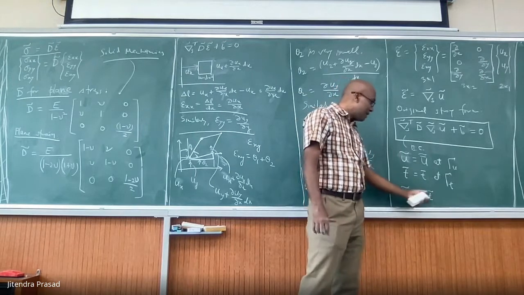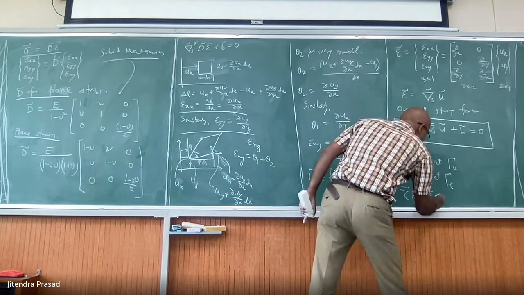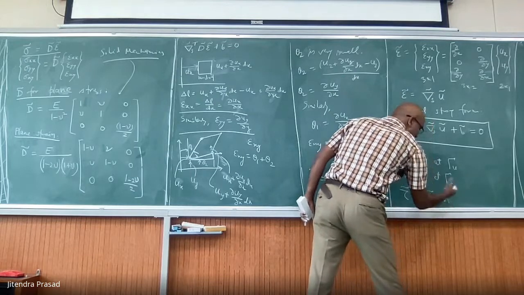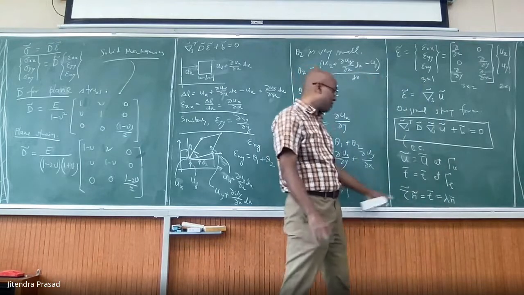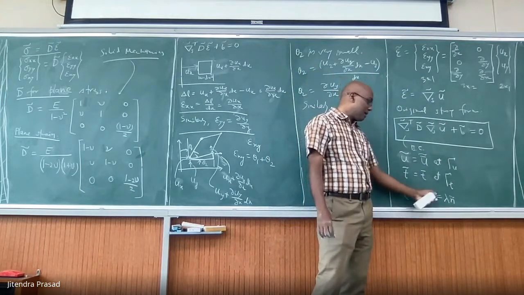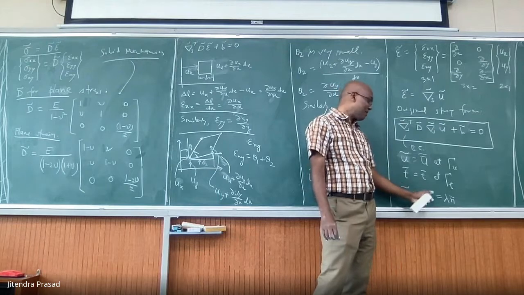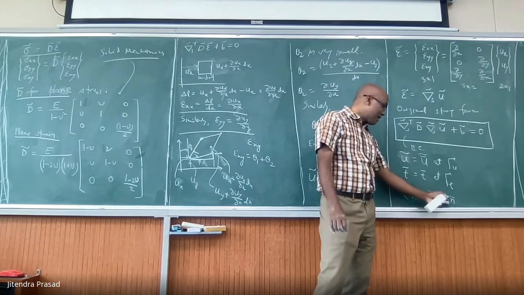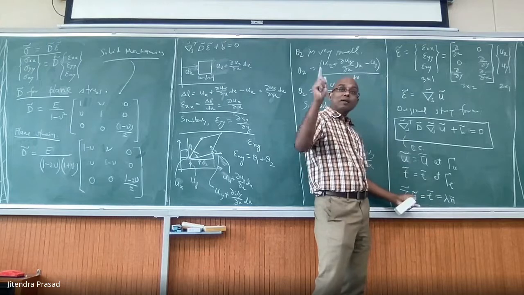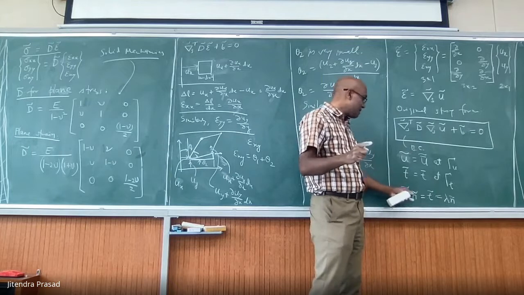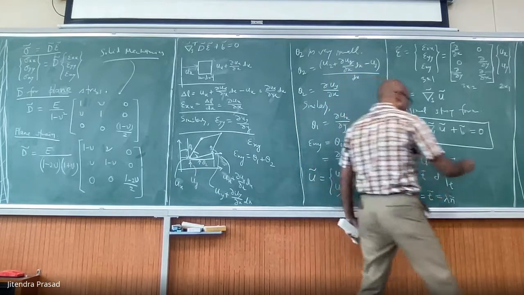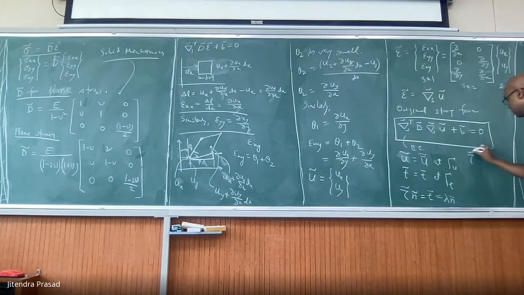What if this t is nothing but equal to gamma, which is a scalar, times this n itself? It's possible that this traction is such that you multiply a scalar to the unit vector which is perpendicular to the surface itself. Then tau n is equal to gamma n.